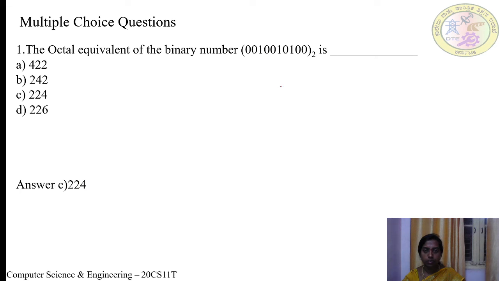We take the binary number and make it into groups of 3 bits: 001 and 010, 010, again 010. So 0 has been left out. So 010 is 2, again 010 is 2, and 100 is 4. So the equivalent value is 224.